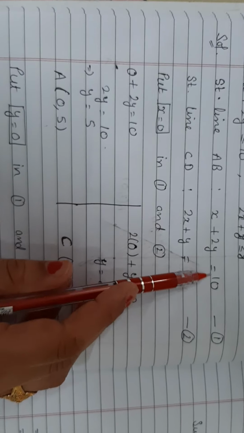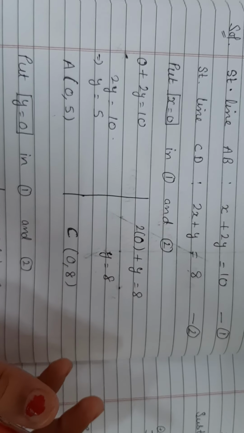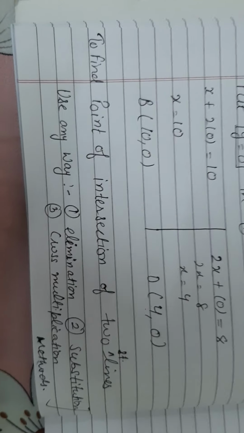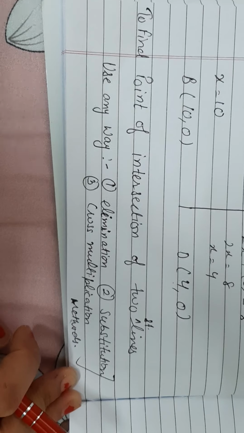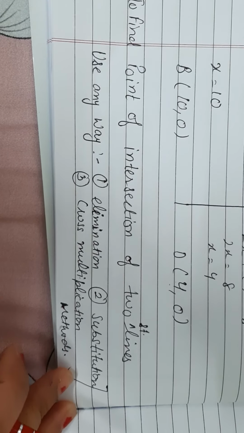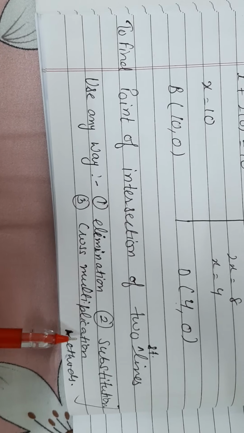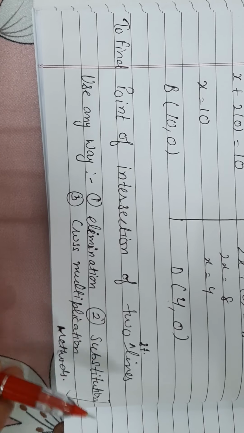How to check? You can find the point of intersection by using any method: elimination method, substitution method, or cross multiplication method. These three methods you have studied in 10th class.